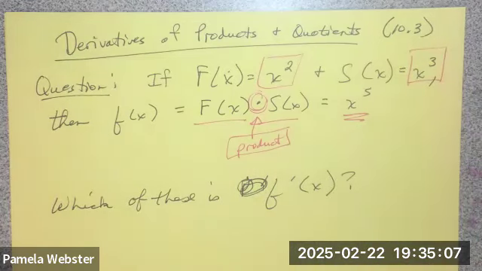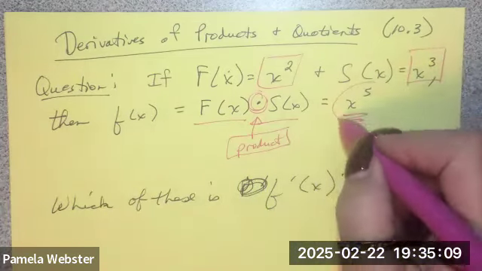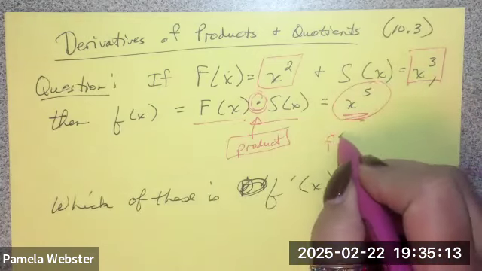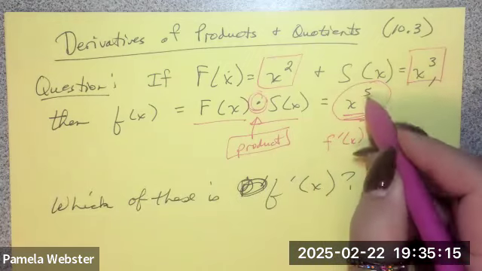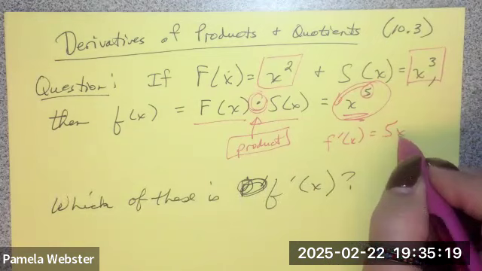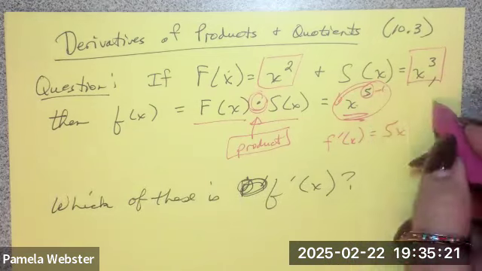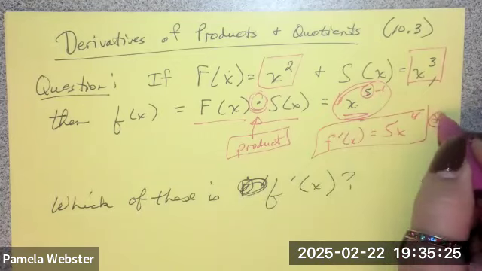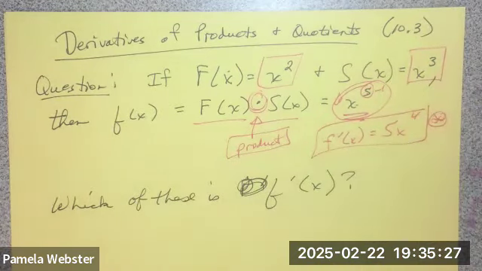Now, before we go anywhere, you can use your shortcut rule. You know what this is. So you know that lowercase f prime of x is what? Do your shortcut rule. Multiply out in front. 5 times x to the 5 minus 1 is 4. That's what we should be getting whenever we finish this out, right? Okay. So what the book's trying to show to us is which of these is f prime of x?